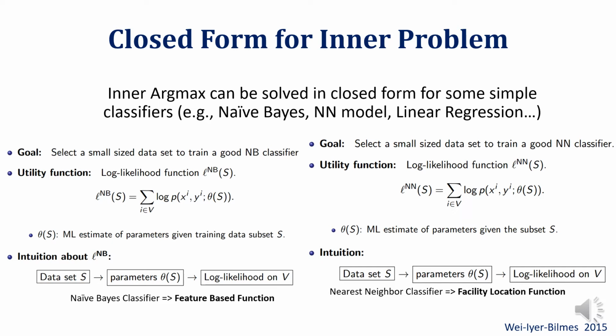Likewise, for the nearest neighbor classifiers, again you get closed form expressions, and once the parameters theta are obtained in closed form, the likelihood function turns out to be a facility location function under some similar simple assumptions on the class priors.